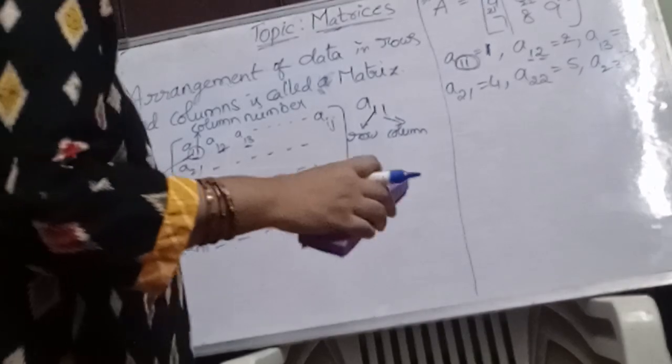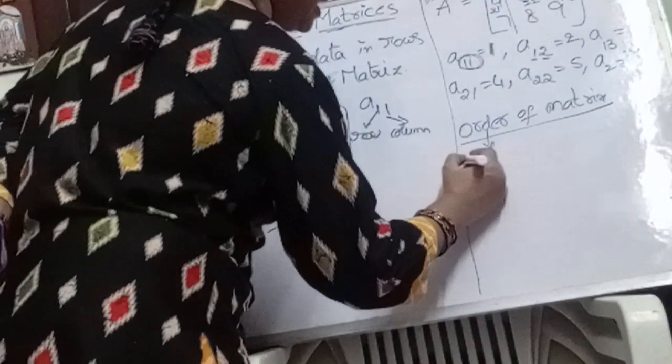And one more thing here, for this there is an order. Order of matrix. Here the order is nothing but number of rows into number of columns.